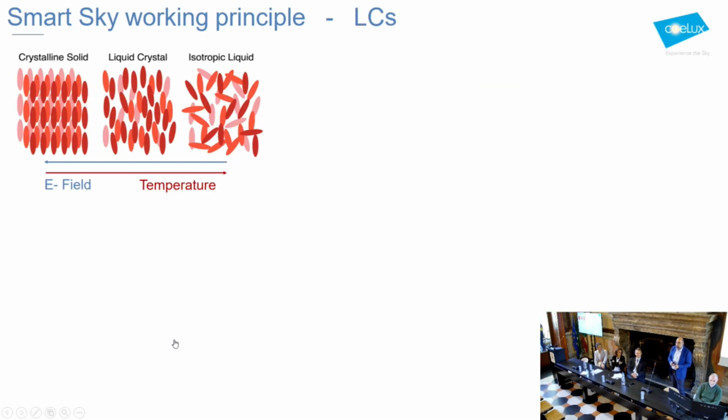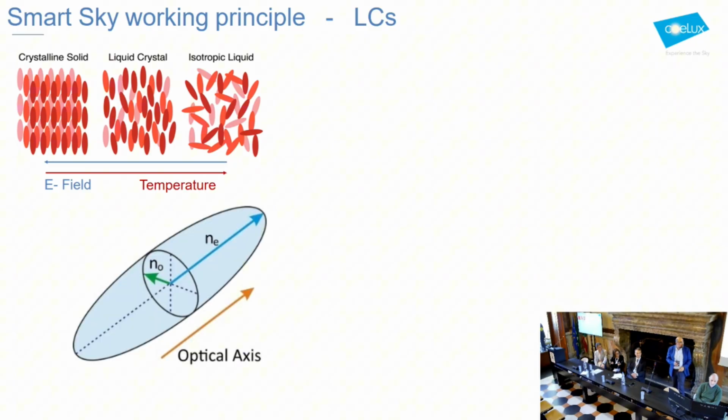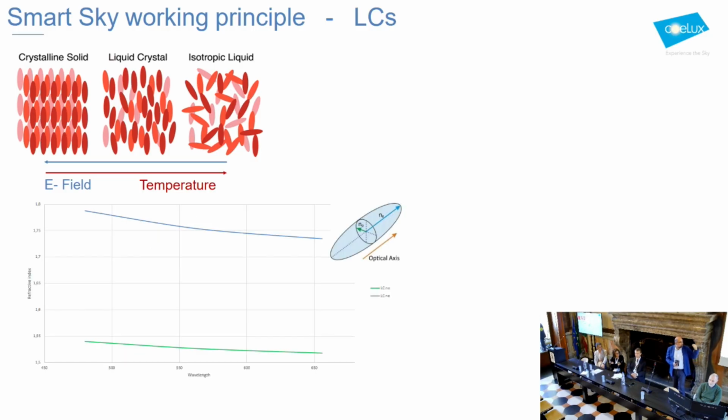That comes to the idea of using liquid crystals. Liquid crystals are molecules that can be oriented, for example, by an electric field. They are also birefringent molecules, so they show different refractive indices depending on the direction. If we consider the two orientations with respect to the direction of the light, they can show quite different refractive indices.